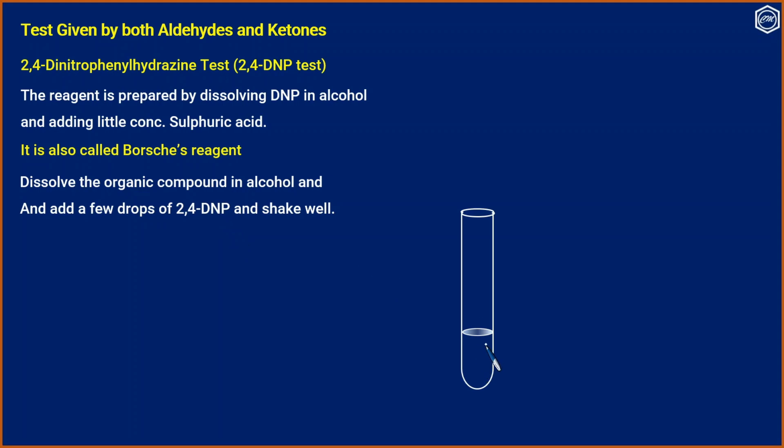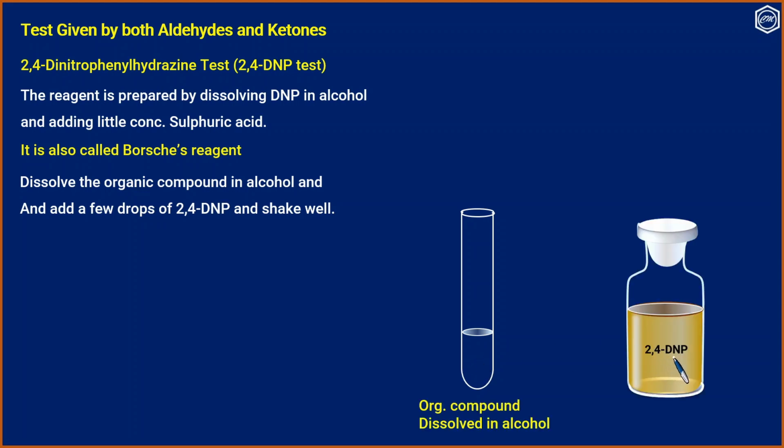So, the organic compound is dissolved in alcohol. This is 2,4-DNP, 2,4-dinitrophenylhydrazine. We are adding a few drops of 2,4-DNP to the solution of the organic compound in alcohol. Now we close the test tube using a cork and it is vigorously shaken.